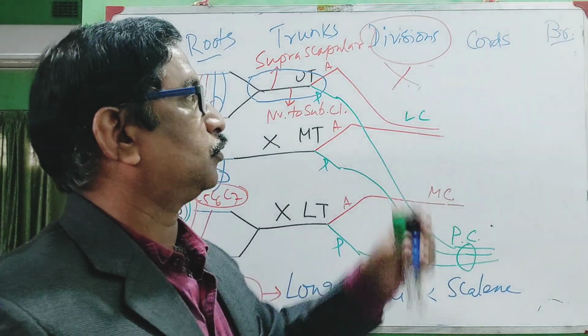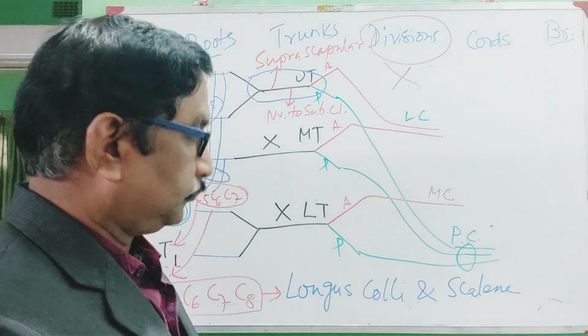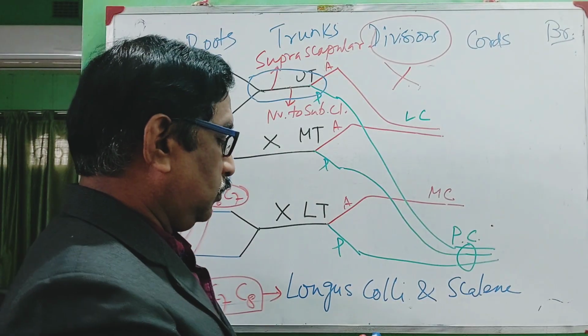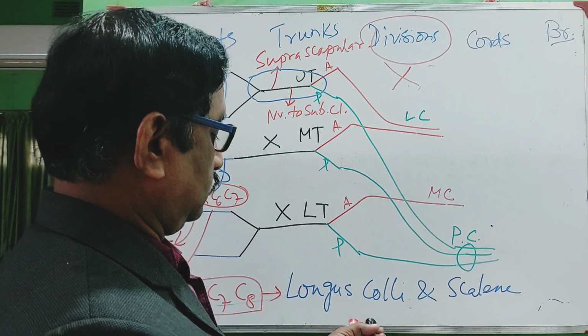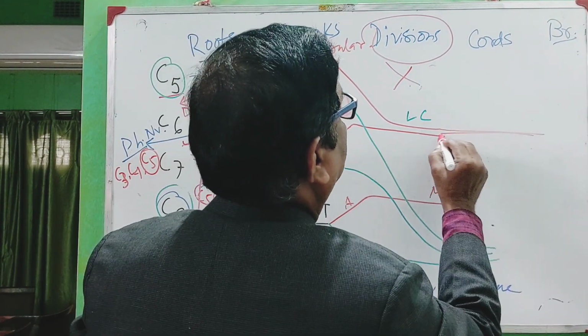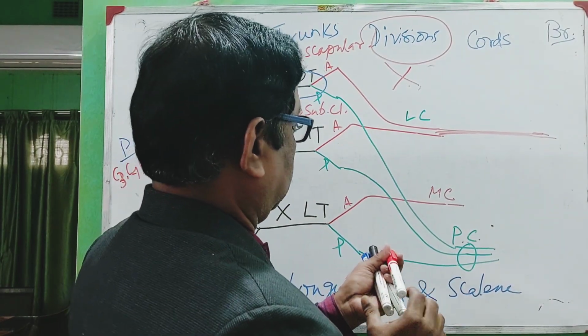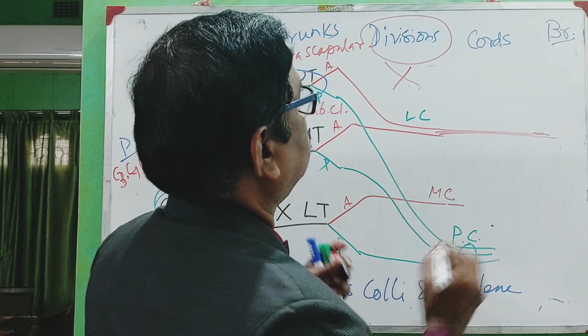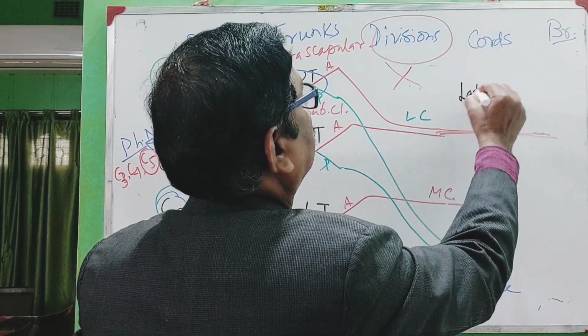Then come to the chords, lateral chord, medial chord and posterior chord. From the lateral chord, again there are 3 branches. This is a lateral chord, 3 branches. One or first branch is lateral pectoral nerve, lateral pectoral.